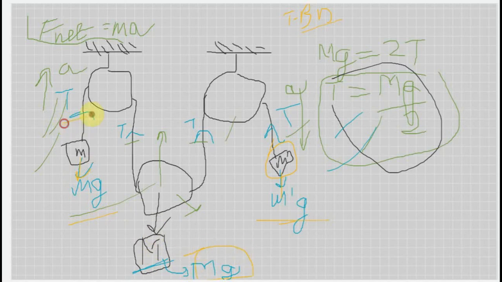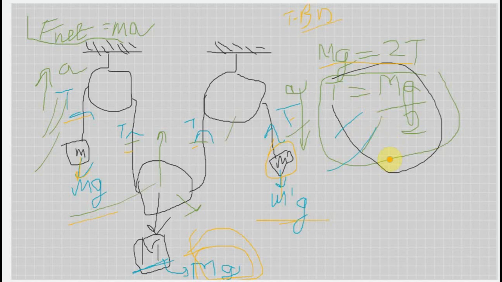In the upward direction is tension T, and here at this position it is 2T, that is T plus T. So Mg is equal to 2T, and we can find the value of tension: T is equal to capital Mg upon 2.